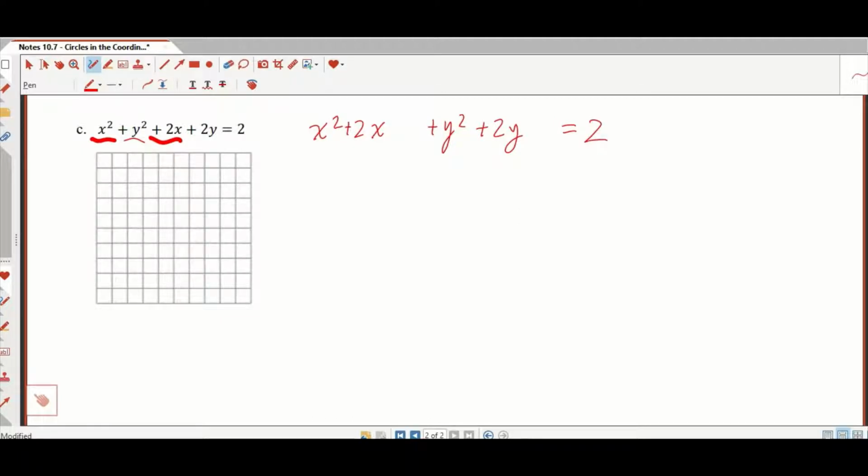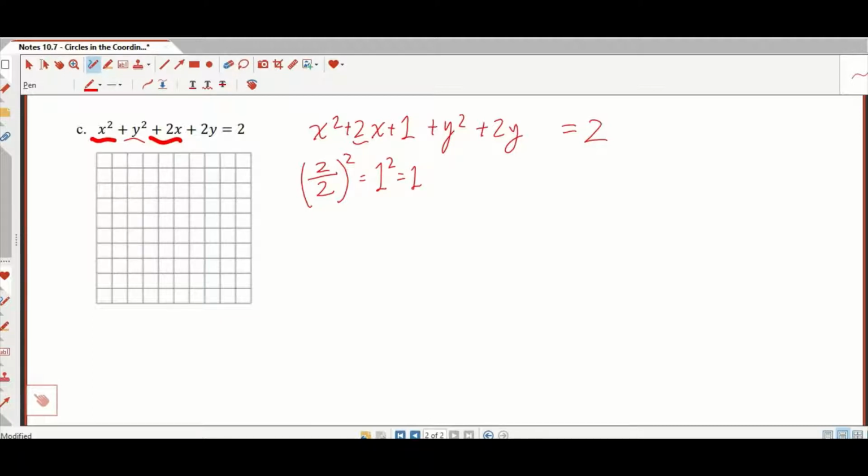Okay, so the reason we have it grouped like this is because we want to complete the square on each part of this. So remember, to complete the square, you take the b, which is 2, over 2, always 2, and then we're going to square that, which is 2 over 2, which is 1, squared, which is 1, plus 1.